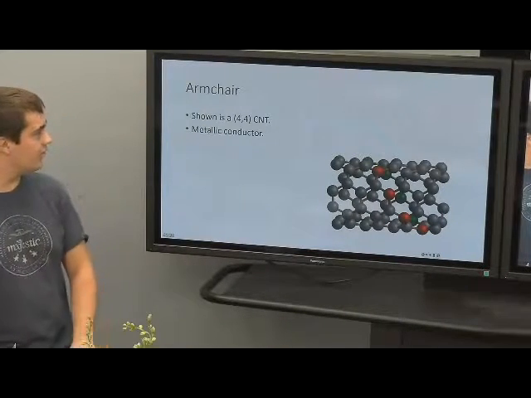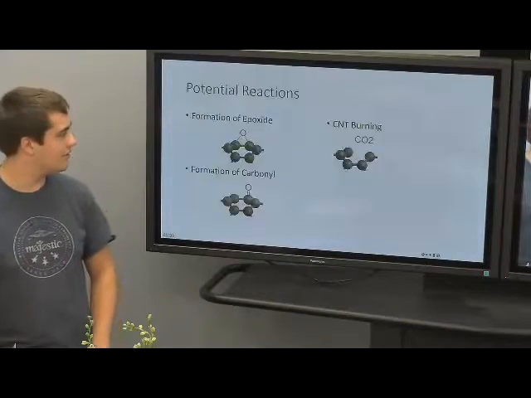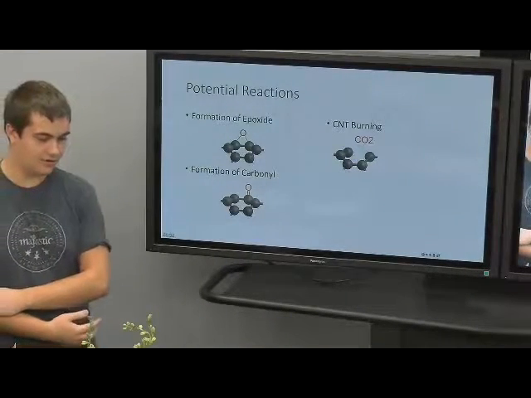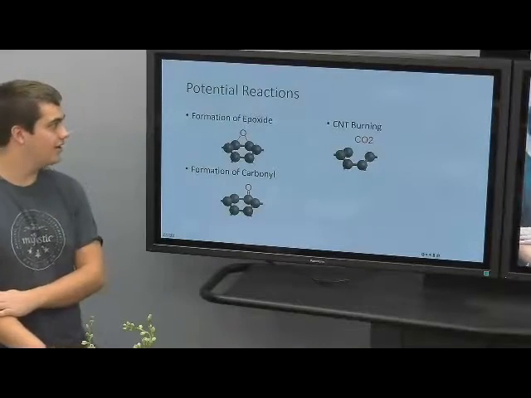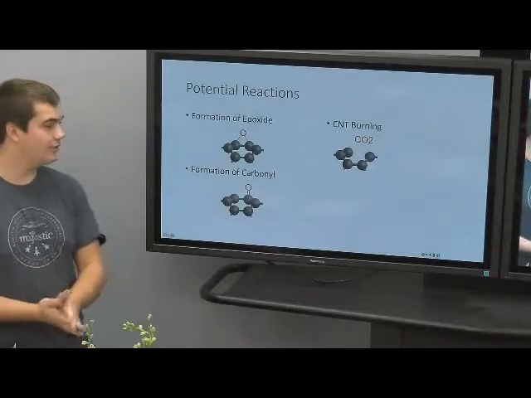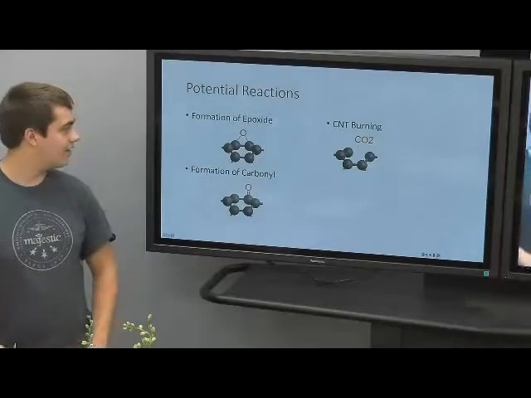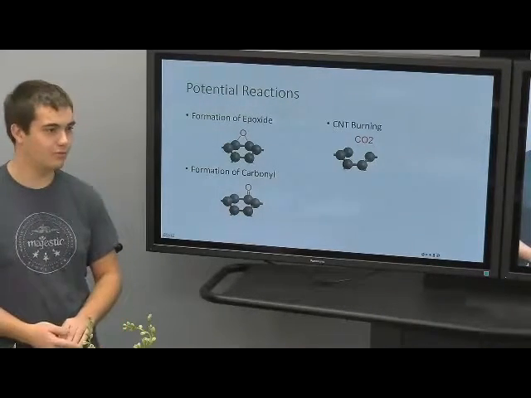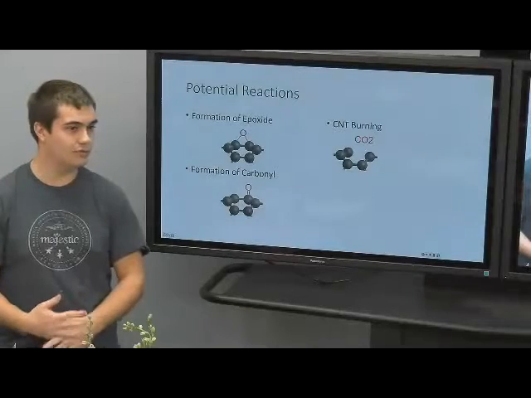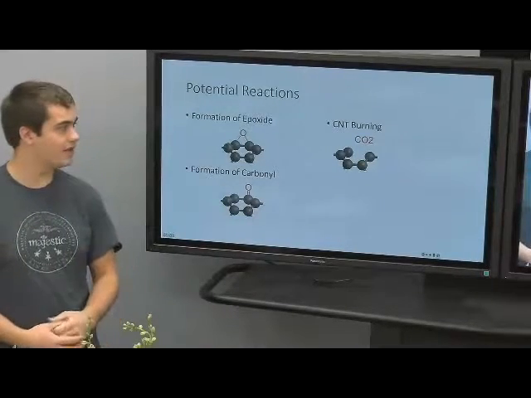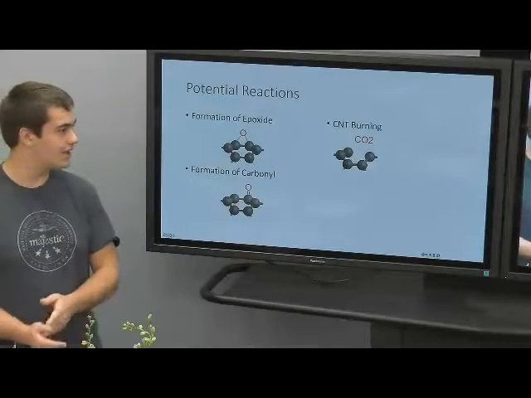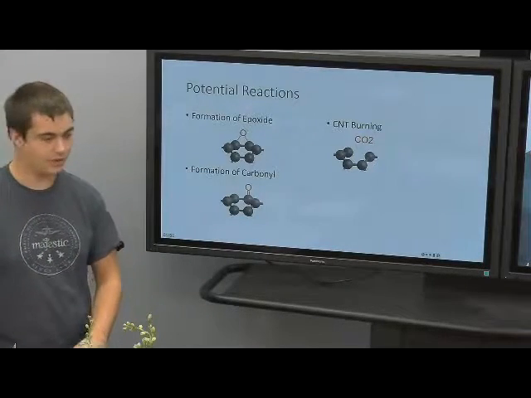So we use the 4-0 that you saw earlier on the zigzag one, and we expected when we react it with the carbon nanotube, or the peroxide, that we'd get some formation of epoxides and carbonyls, as well as a burning reaction where carbon is removed from the carbon nanotube to make CO2 gas or something of the like. And this would make a hole on the nanotube.